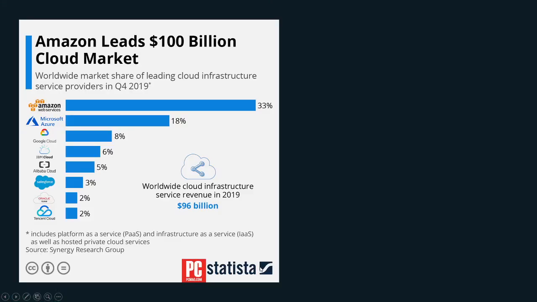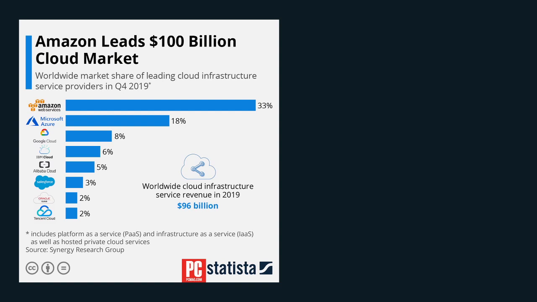So let's talk about some of the different cloud market share. Right now there's Amazon AWS, which leads the majority of cloud vendors because they've been around the longest. Second place, we have Microsoft Azure and then Google Cloud, but notice there are several other cloud providers like IBM.